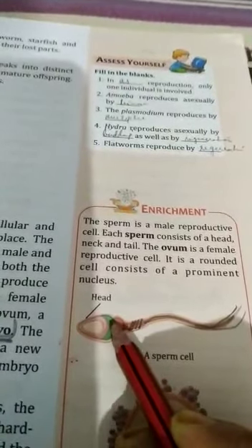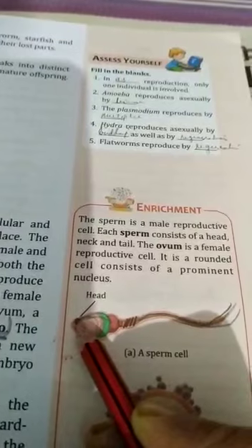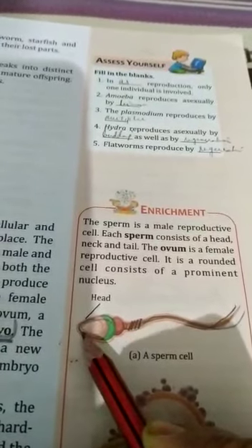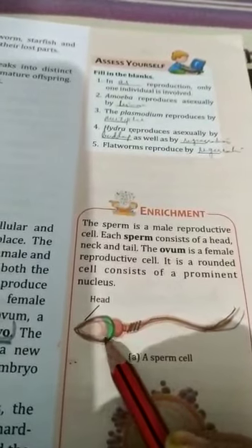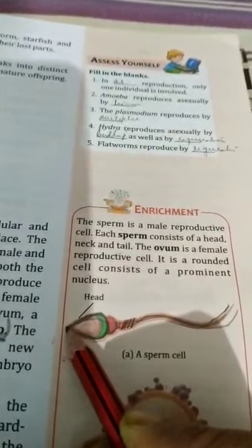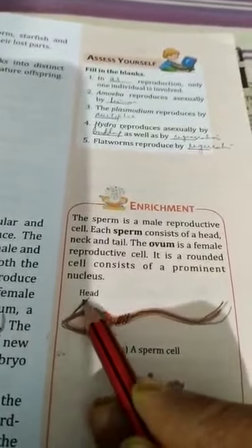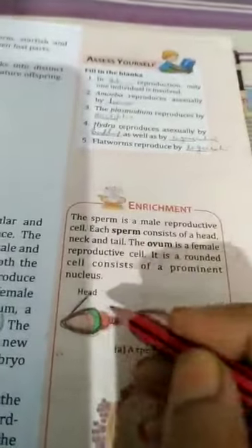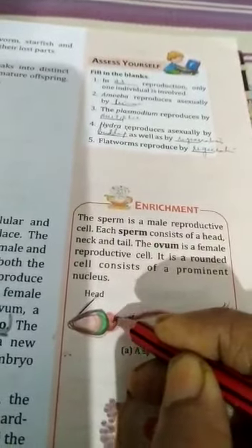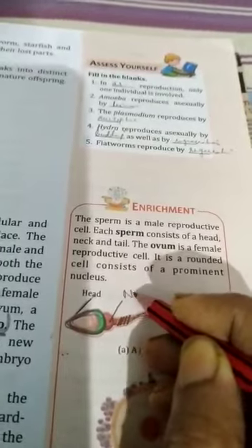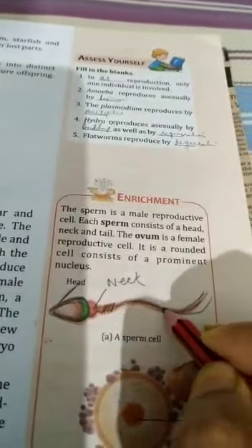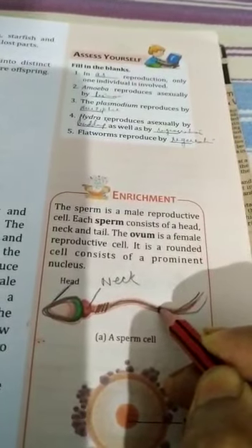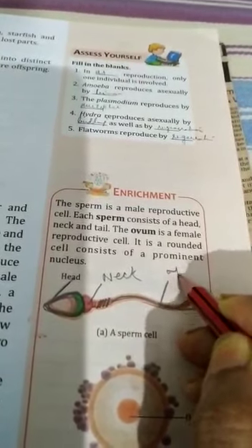It has a spear-shaped, a little bit pointed structure known as head. The head is followed by a slender structure known as neck, and the tubular structure which forms the rest of the part of the sperm is known as tail.